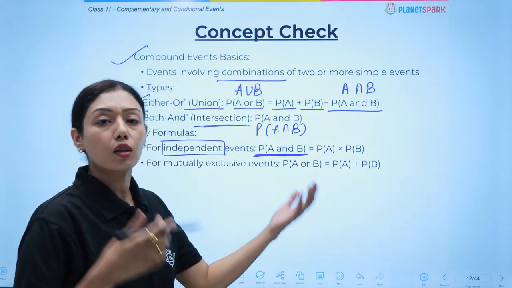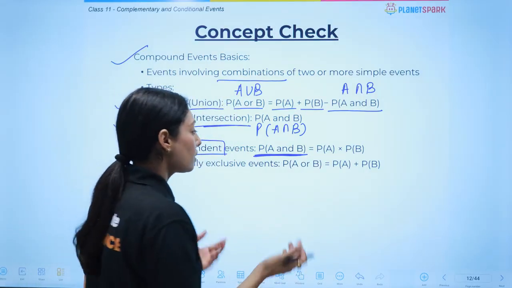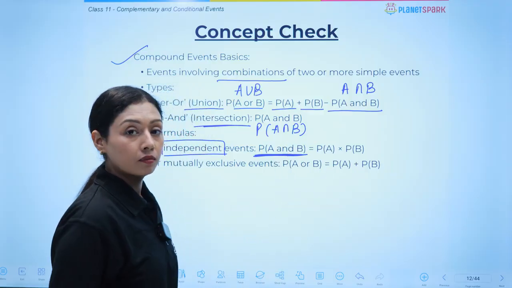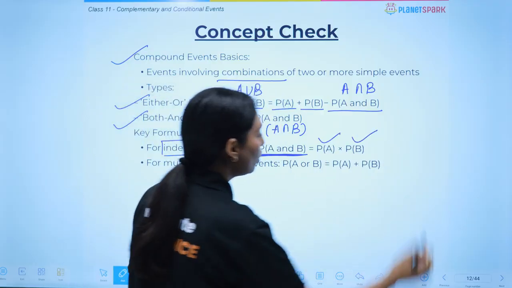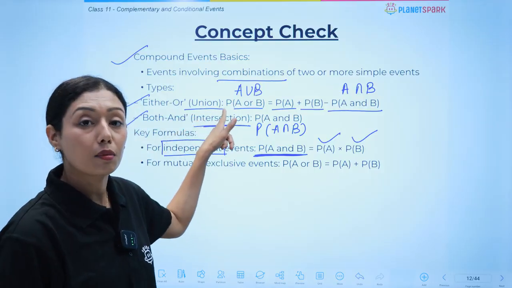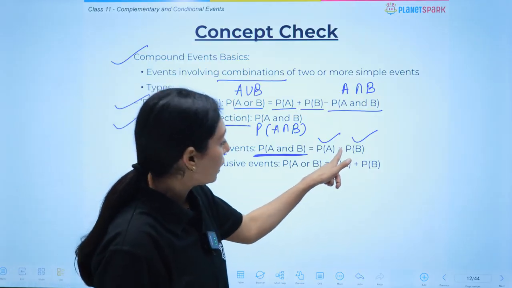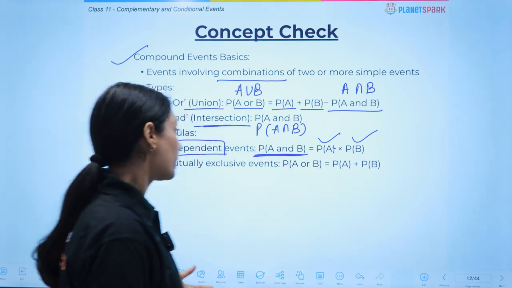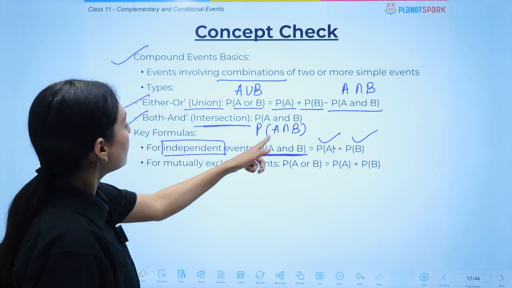That is, दोनों events को एक दूसरे से कोई मतलब ही नहीं है. So in that case probability of A and B, right, will be probability of A into probability of B. So and means union when events are not independent, and means multiplication when they are independent. Similarly, so and means intersection.